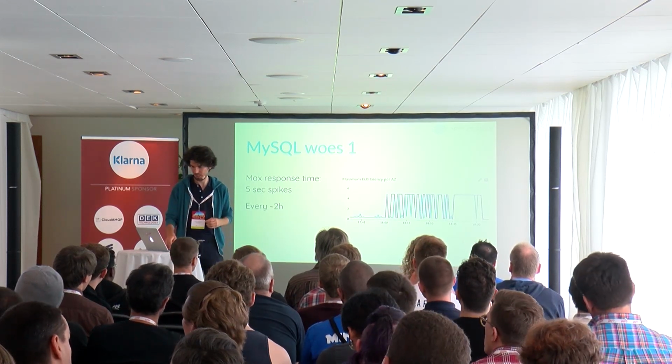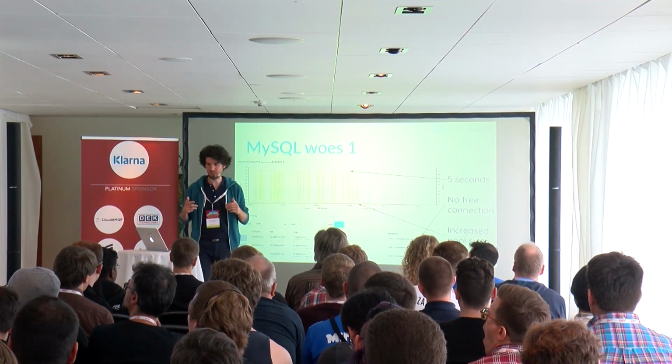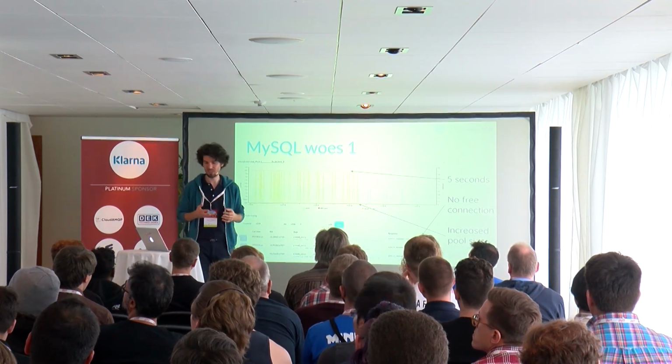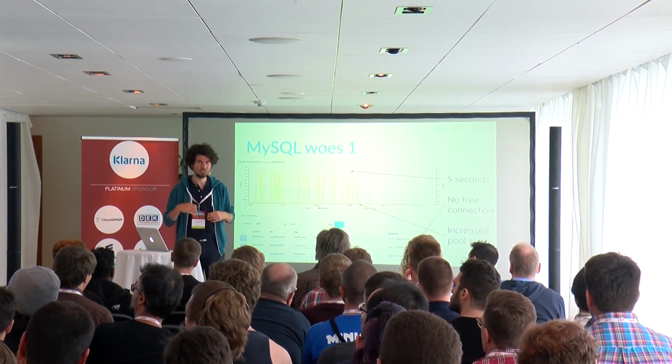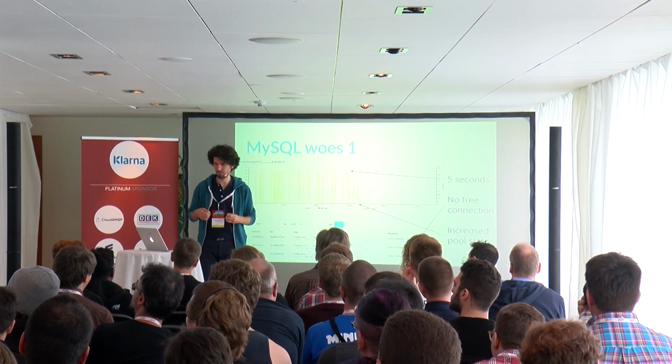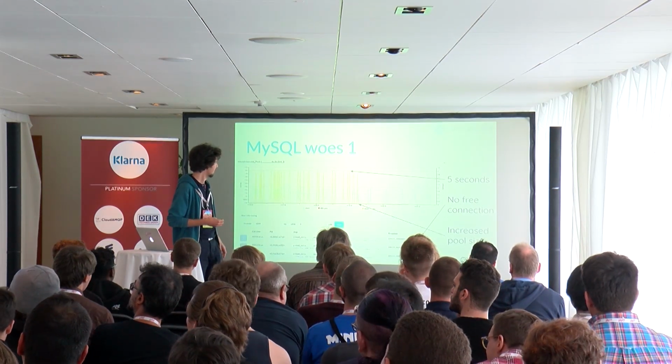Very strange. When I dug deeper, I found that some of the requests, just a few of them, a low percentage, were initiating a MySQL query. And then I was measuring the function which does the MySQL queries.